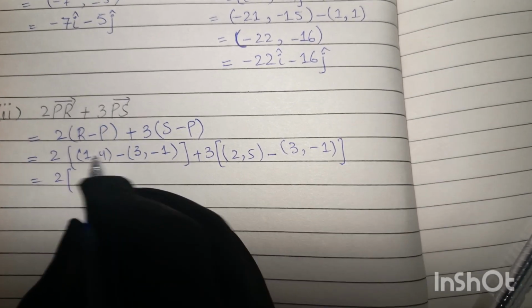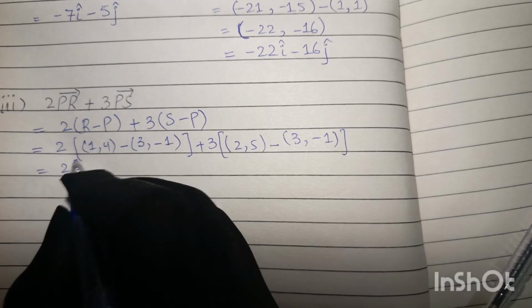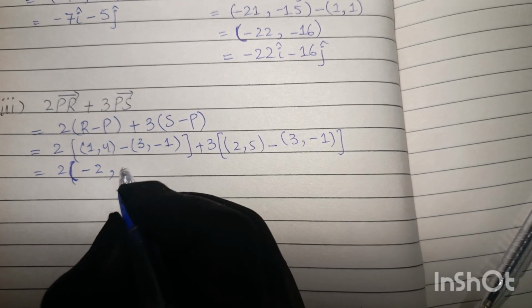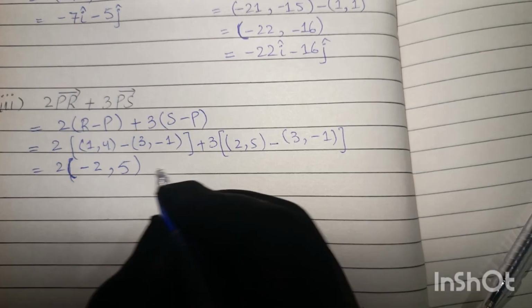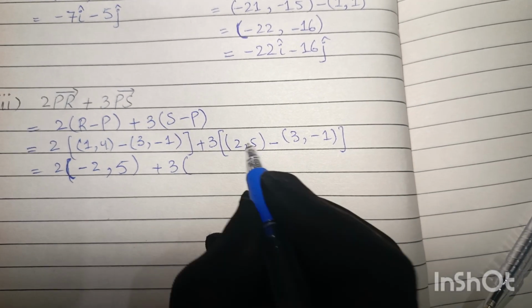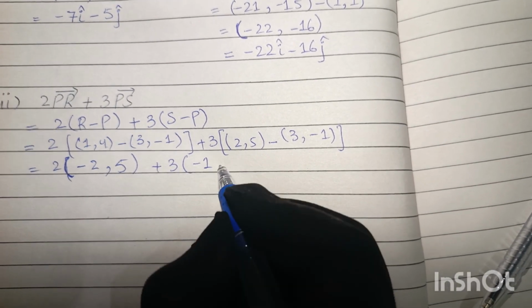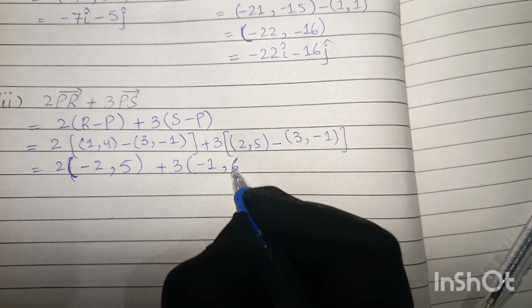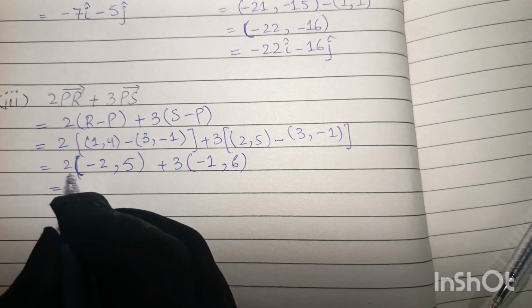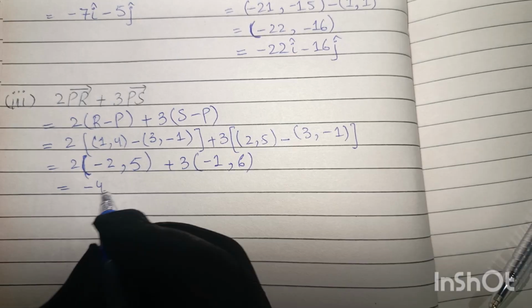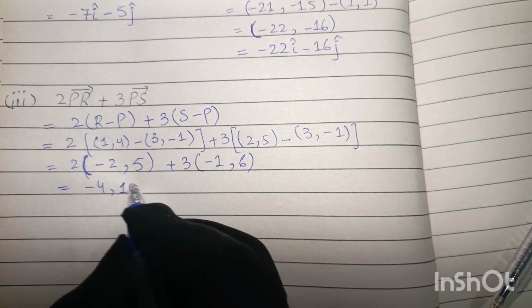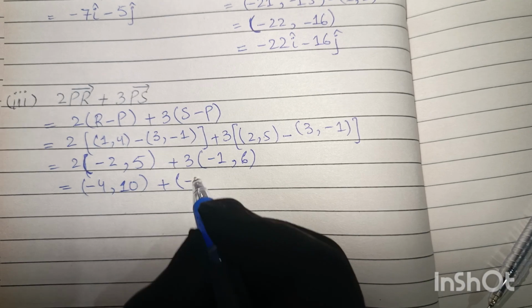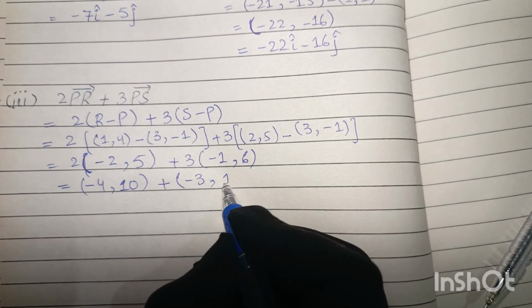Then we will subtract: 1 minus 3 is -2, 4 plus 1 is 5, plus 3 as it is. 2 minus 3 is -1, and 5 minus (-1) is 5 plus 1, which is 6. 2 will be multiplied inside: -4, 10, -3, and 18.